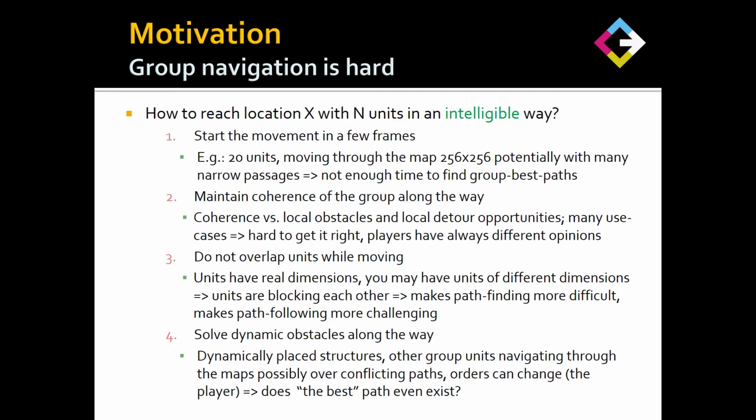Third, units with collision radius are a source of potential blocks. They can have different dimensions, which makes the pathfinding and group coherence even harder. Finally, as the games are dynamic and you have a player changing their mind, navigating through maps where paths are changing, and buildings are created and destroyed, makes one wonder whether there is something like the best path.